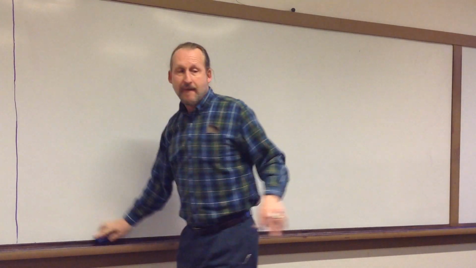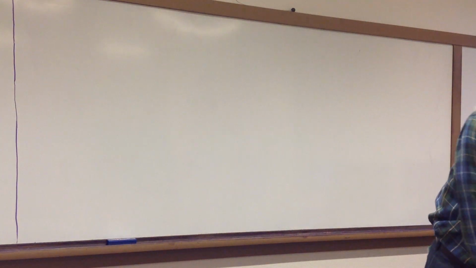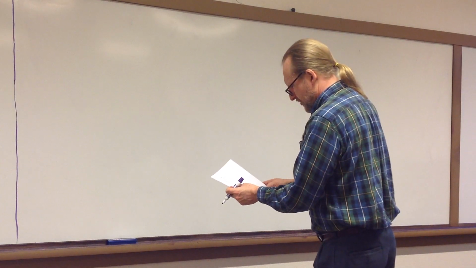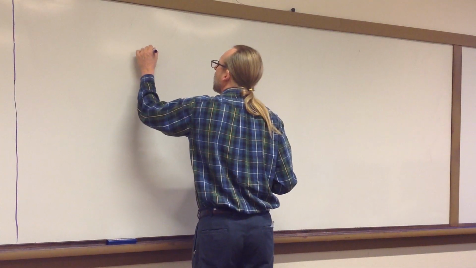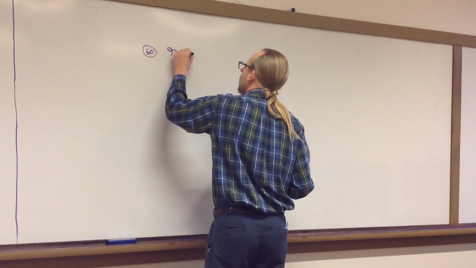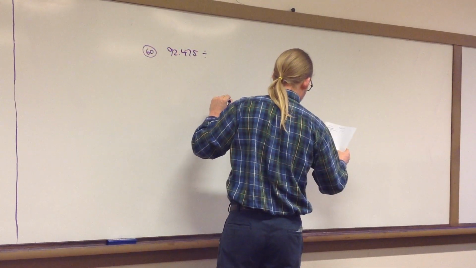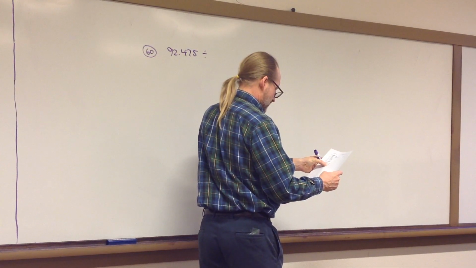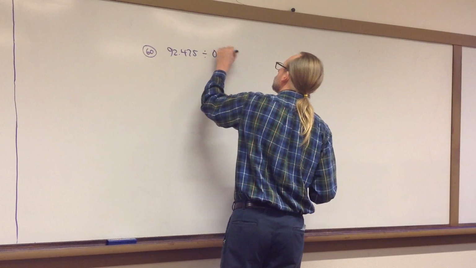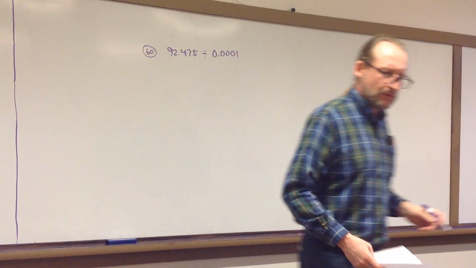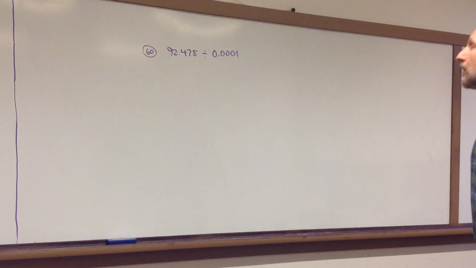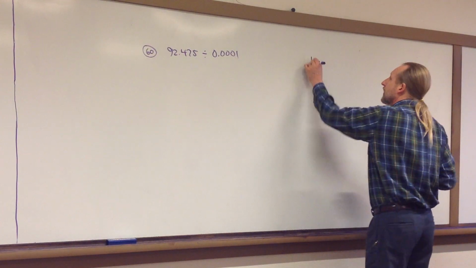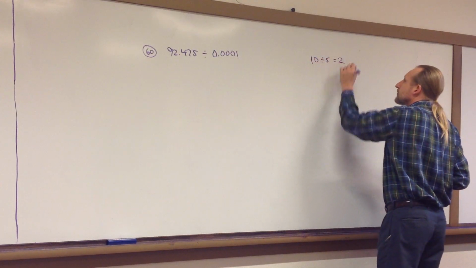Okay. I think we've just got one more we haven't looked at here. Problem 60, 92.475. And this is going to get divided by 0.0001, or 1/10,000. Remember, if you divide by a number that's bigger than 1, your answer gets smaller, right? 10 divided by 5 equals 2.